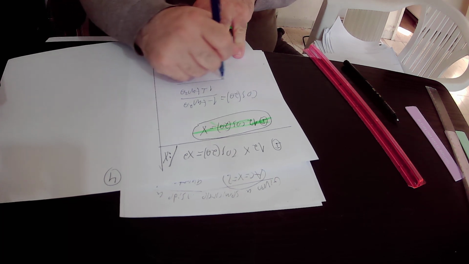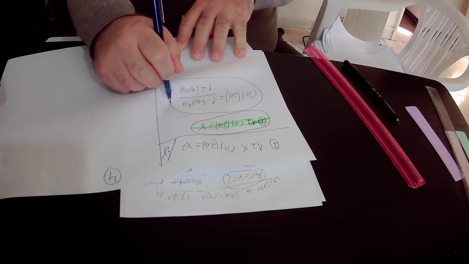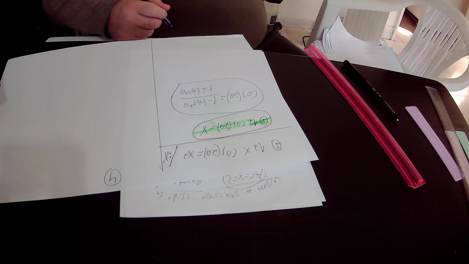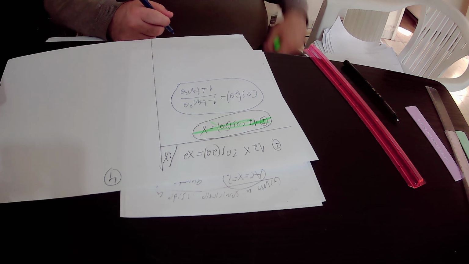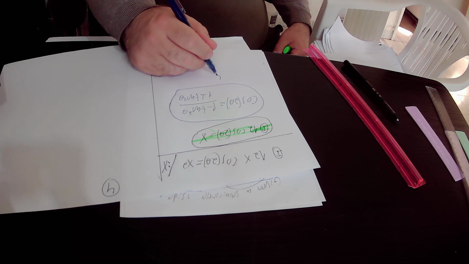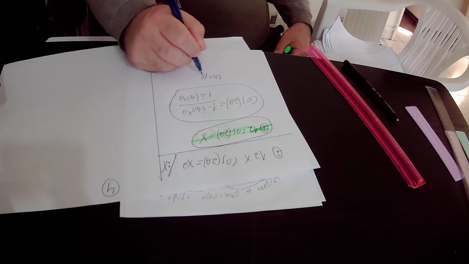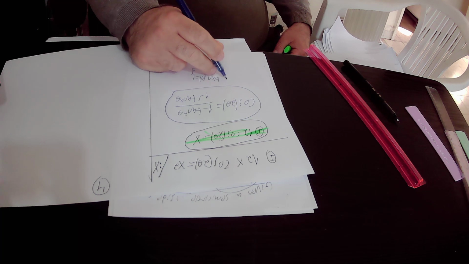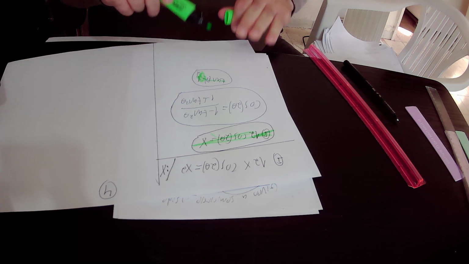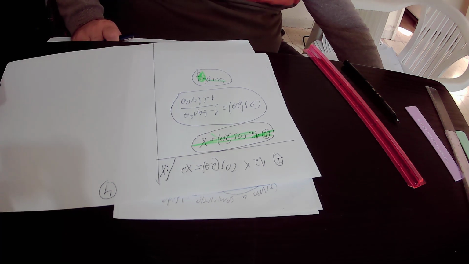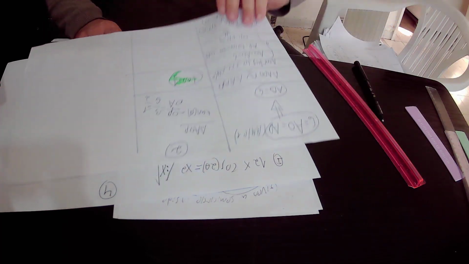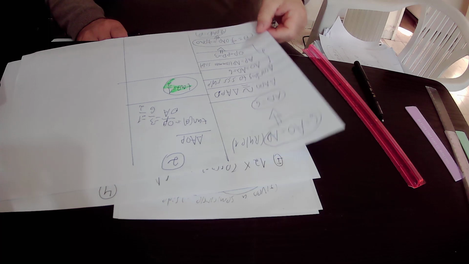The trigonometric identity for cosine 2 theta is that cosine 2 theta equals 1 minus tangent squared theta over 1 plus tangent squared theta. But we have already found out that tangent theta equals 1 half. I'll repeat again. We have already found out that tangent theta equals 1 half.